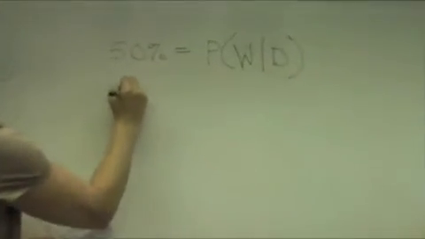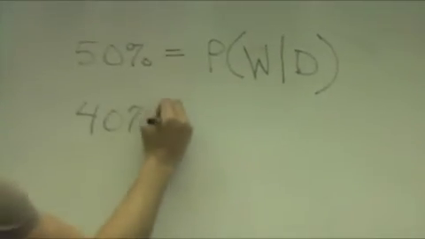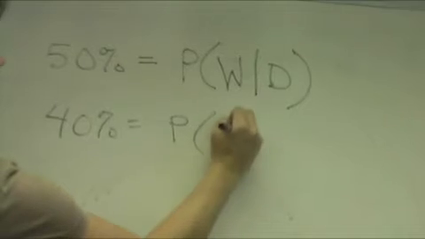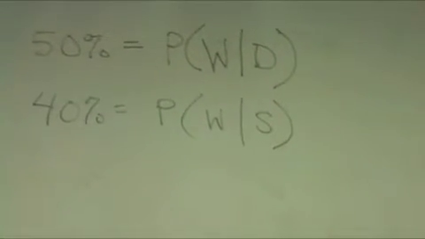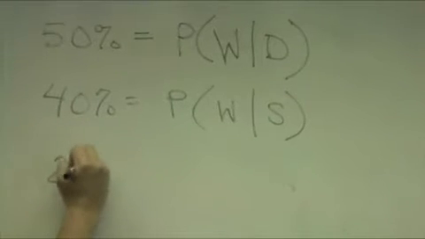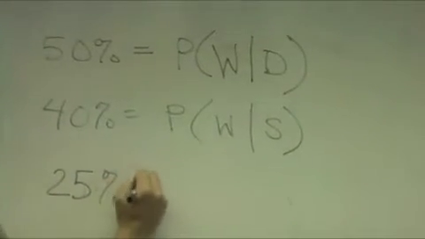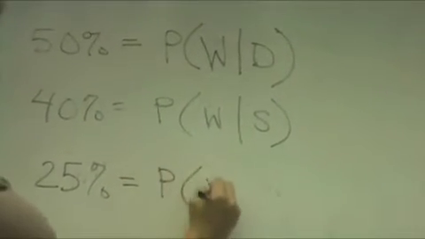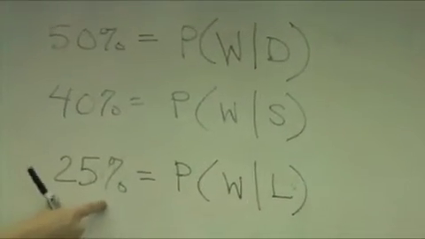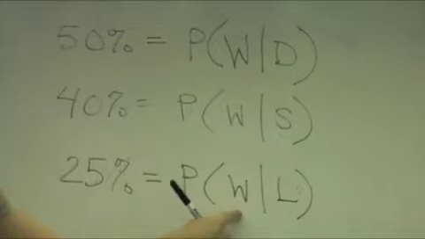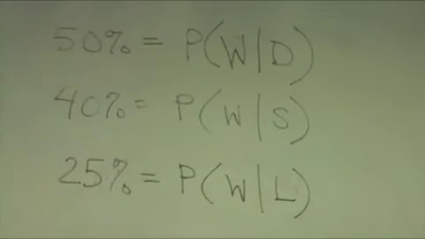The next 40% is the probability that you have a white car given that it was made in Seattle, and we were told that LA produces 25% white cars. So the 25% represents the probability that it's a white car given that it was made in LA.